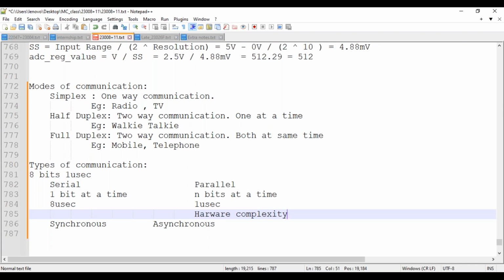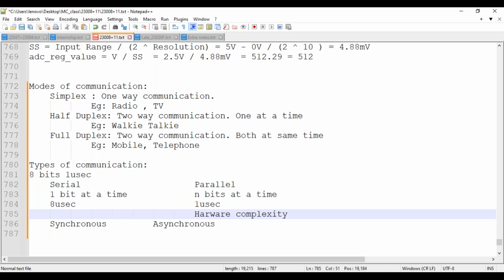As of now, serial communication can also be comparatively faster compared to the older serial communication, and you can transmit more data in less amount of time.